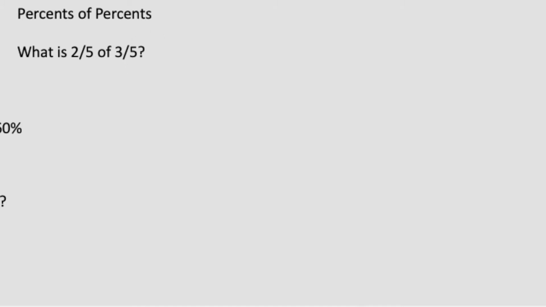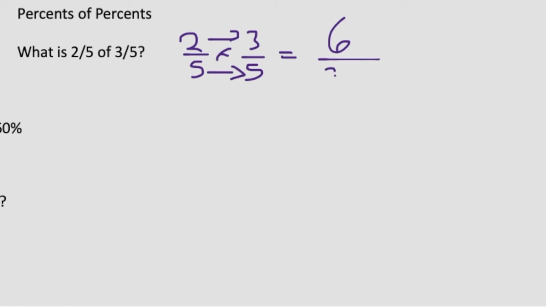So again, I have 2/5 times 3/5, right? And I can just multiply this. So that is going to be 6. Remember, when we're multiplying, you multiply the numerators and the denominators. And this would be 25. So I have 6/25.